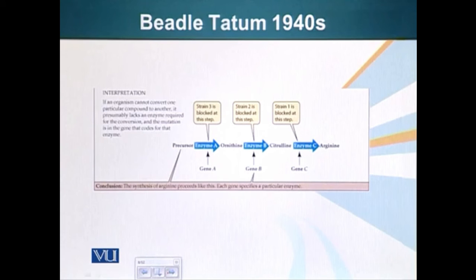Here you can see there is a precursor molecule which is converted first into ornithine by enzyme A, coded by gene A. Ornithine is then converted into citrulline by enzyme B, and citrulline is ultimately converted into arginine by enzyme C. So if the strain had a mutation somewhere here, it could not convert ornithine into citrulline, and then we would need either citrulline or arginine to grow these mutant strains.